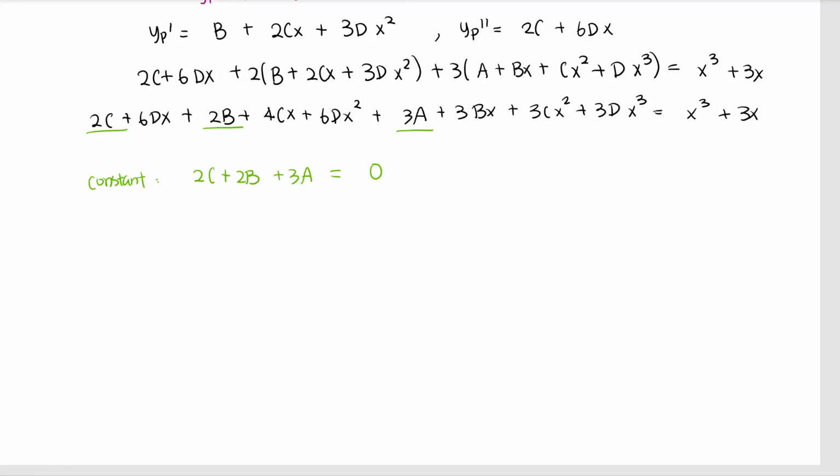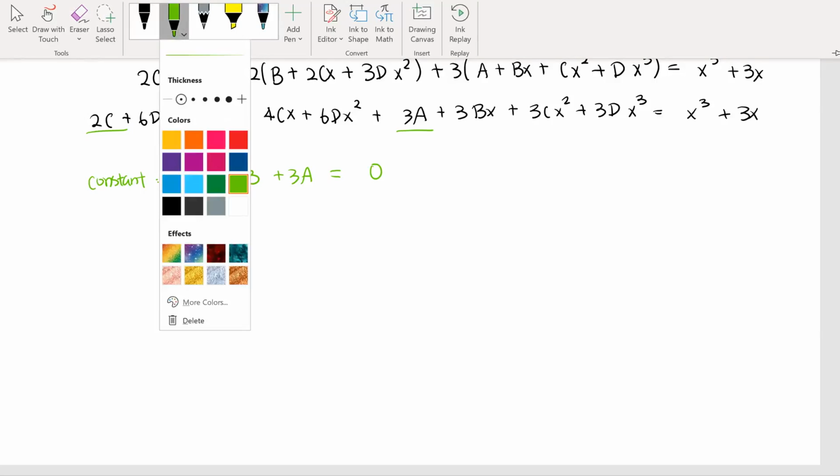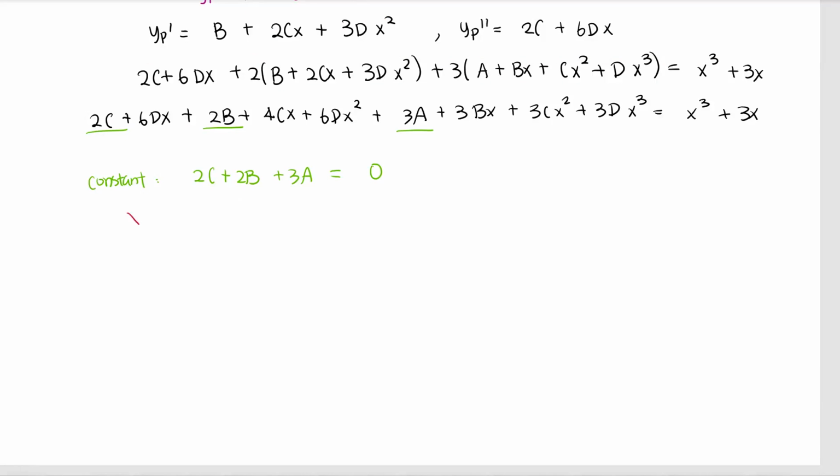Then let's look at the x term. On the left we have 6d, 4c, 3b, and that's it. On the right, we have 3.